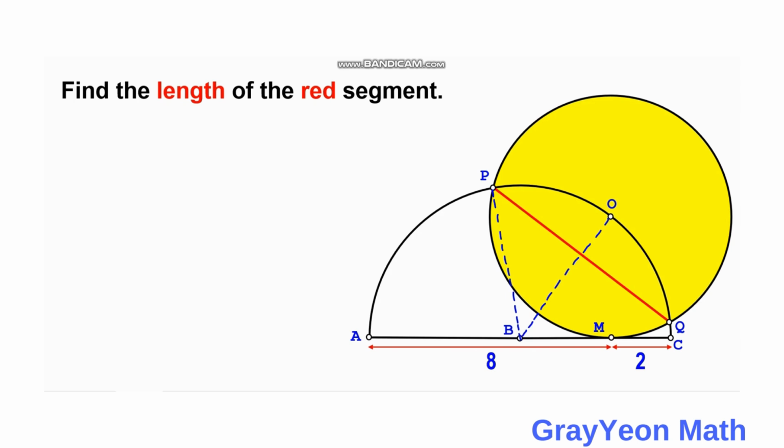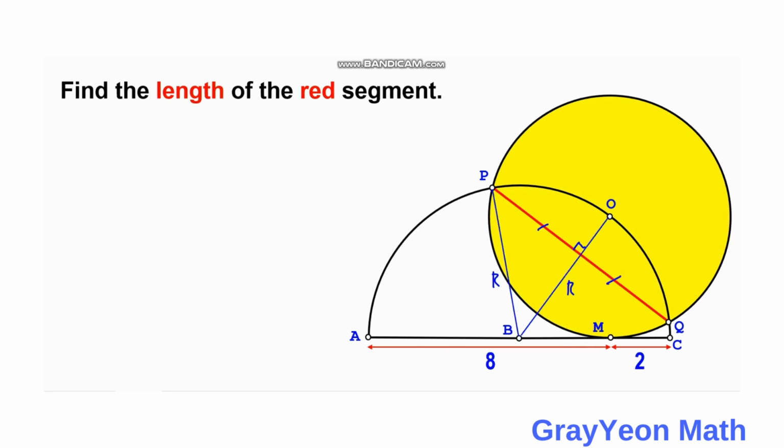We can label this as capital R, and this is also capital R for the radius. And we notice that this OB is a perpendicular bisector of this PQ. So perpendicular and bisector. This means that these are equal.